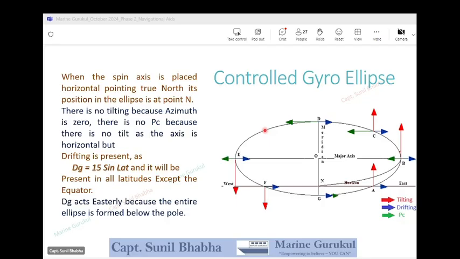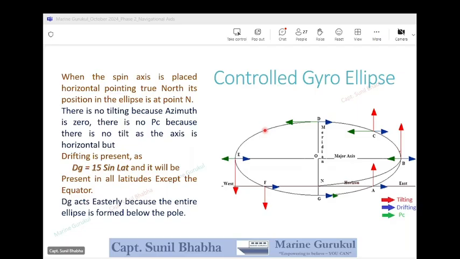Sir, if the spin axis is pointing below the horizon, drift will be there also, no? Drifting will be there, beta. Drifting will be there at all the points. Okay, but the drift will not be there at the horizon.